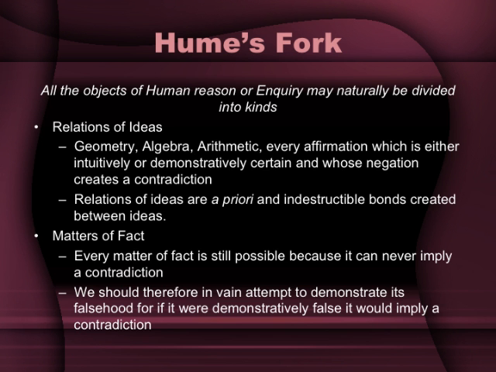So that's what the vain attempt is that he's discussing. He's saying that those who believe they can argue or affirm things without experience, a priori, are attempting matters of fact in vain. Because if it were demonstratively false, it would imply a contradiction.